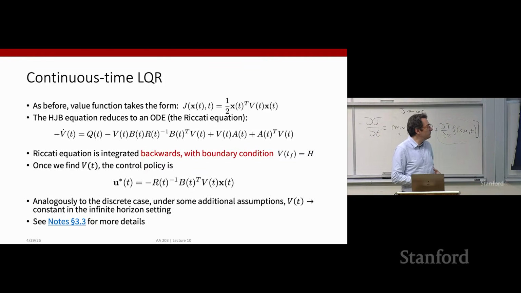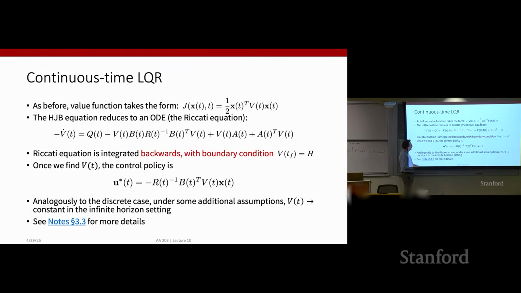It turns out that if you choose V as the solution of this ordinary differential equation, that's indeed the case. And then the control is given by, surprise, surprise, linear feedback on the state, now with a slightly different set of multiplications. So that's all I wanted to say about LQR.